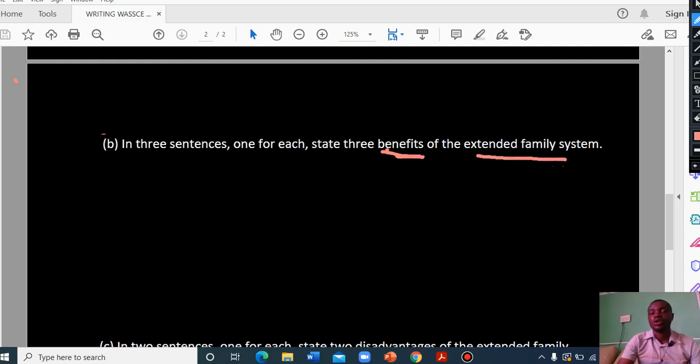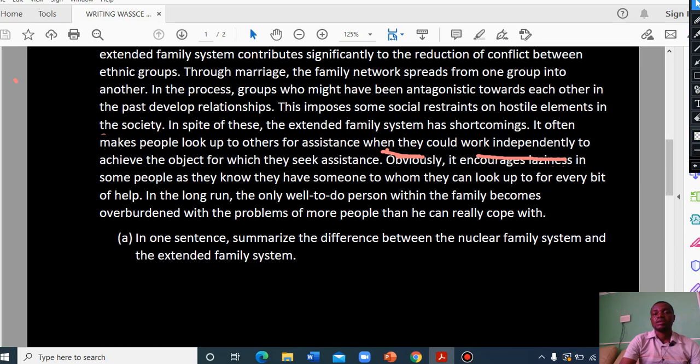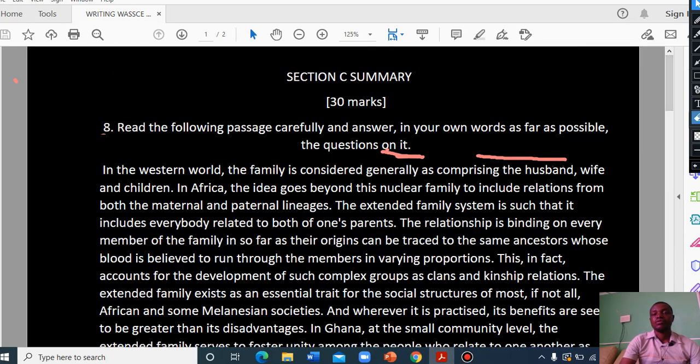So we now move on to the passage, then we look for the benefits. So we start from where we got to, the extended family system. We are looking for the benefits.